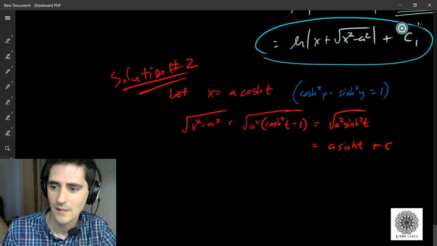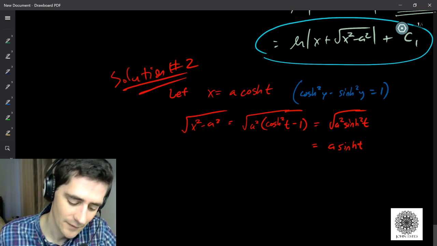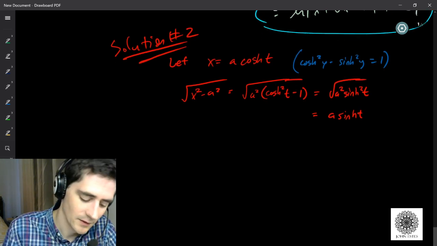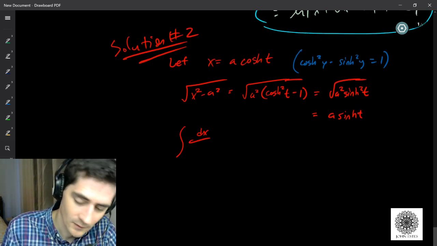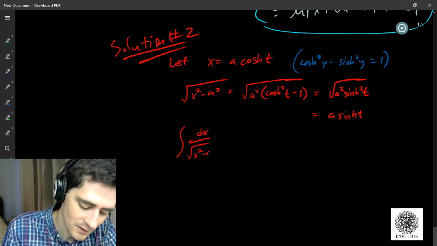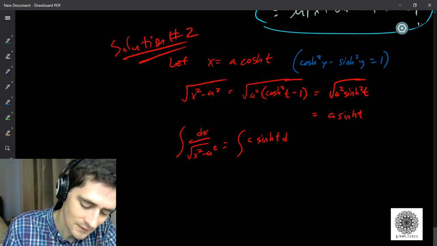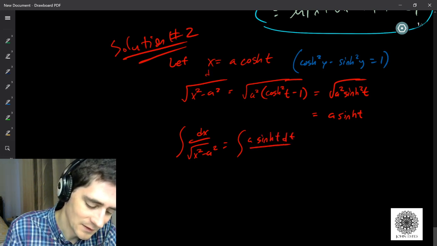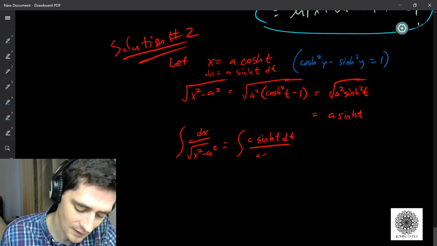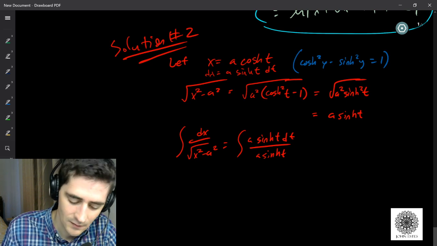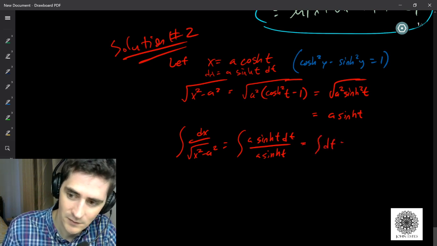And so that becomes my substitution. So then my integral of dx over the square root of x squared minus a squared actually ends up becoming a sinh t dt over a sinh t, like that. So we end up with the integral of dt, which is just going to be t plus c.